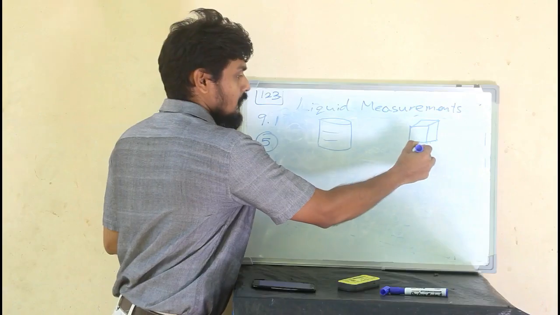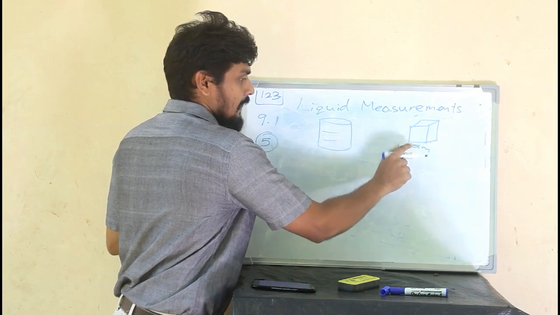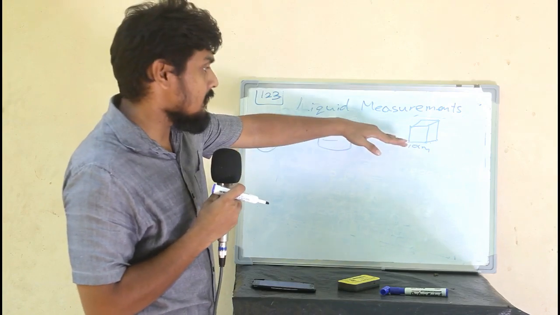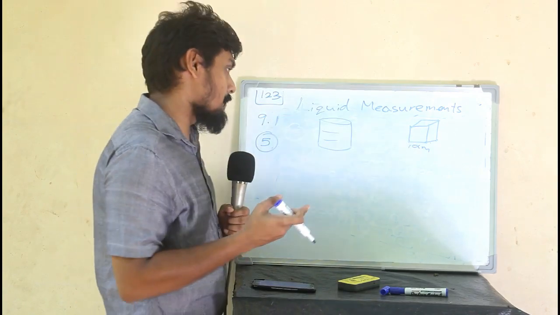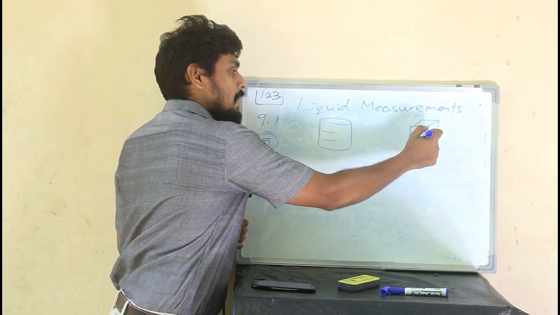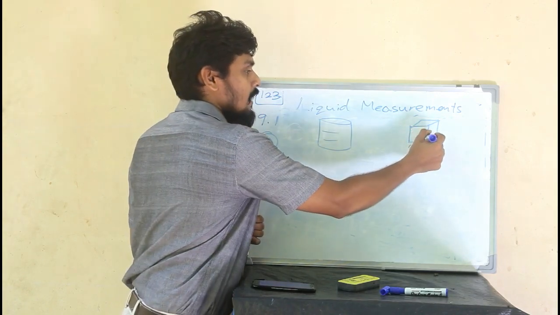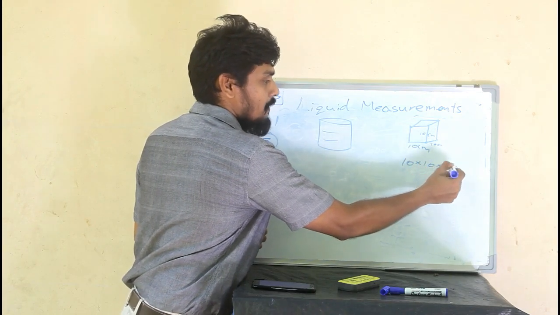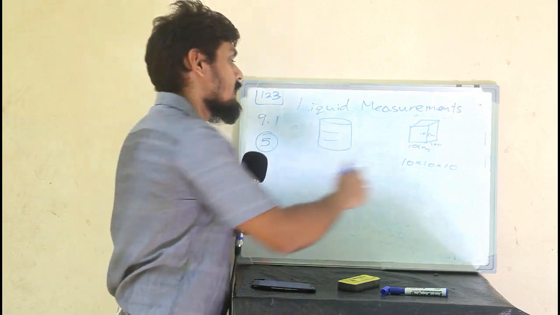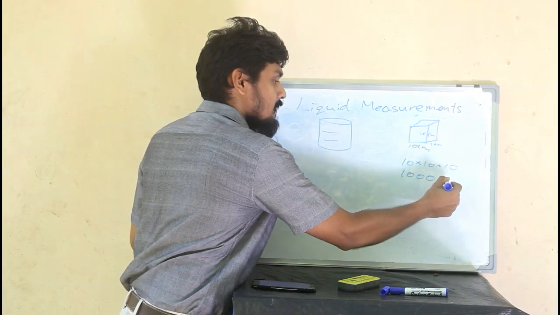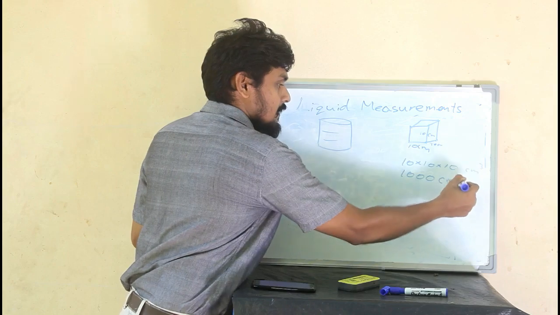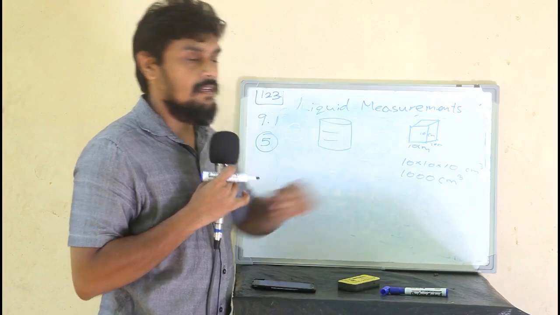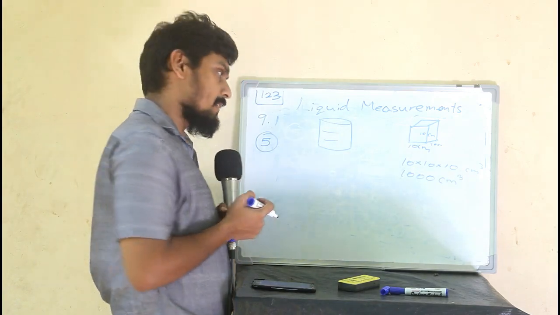The container is cube-shaped, so the length, breadth and height are all 10 centimeters. So 10 into 10 into 10, because the shape is a cuboid, means 1000 cubic centimeters.